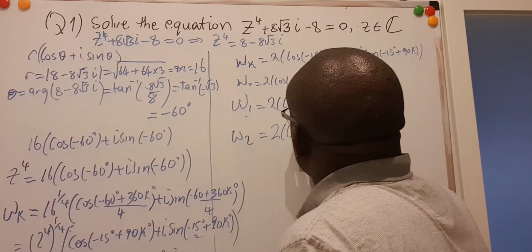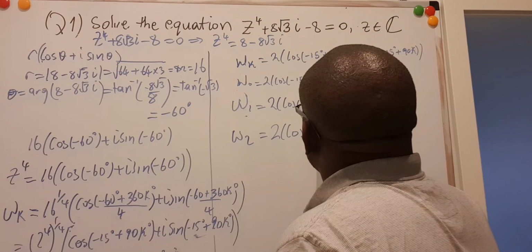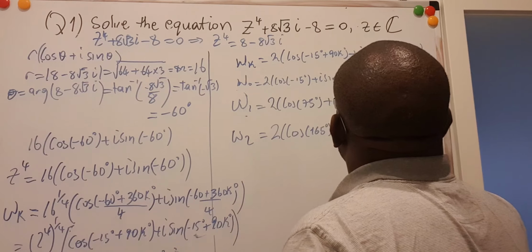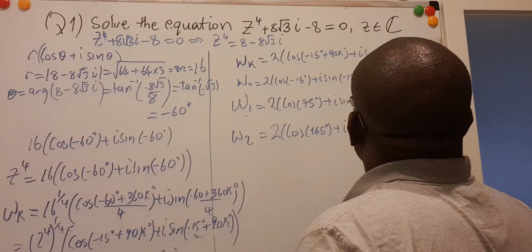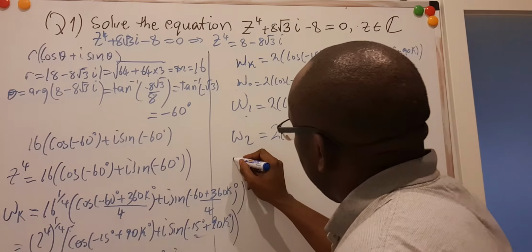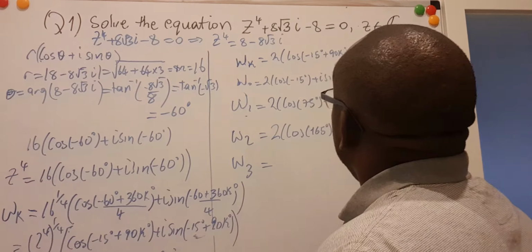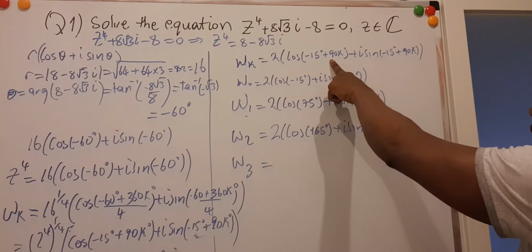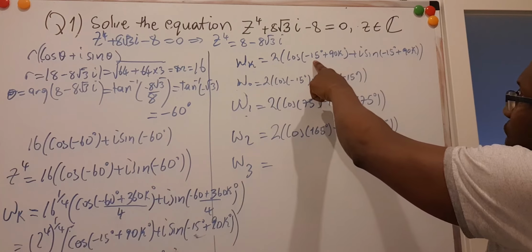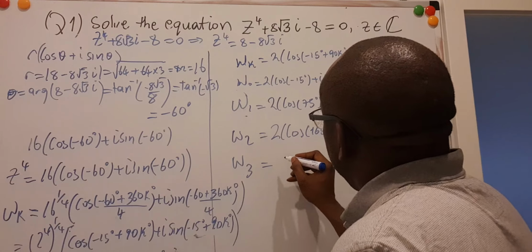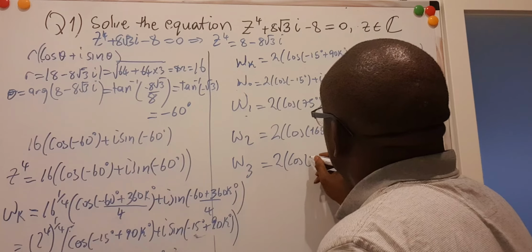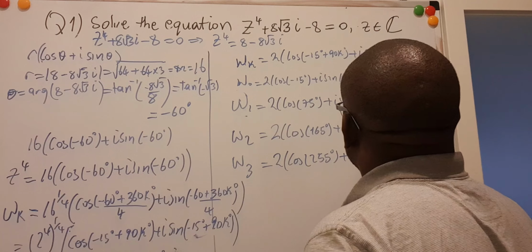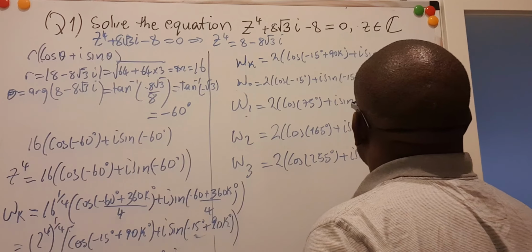So this is 2 cosine of 165 degrees plus i sine 165 degrees. And the last root would be when k is 3. 3 times 90 is 270, and 270 minus 15 should be 255. Then this is 2 cosine of 255 degrees plus i sine 255 degrees.